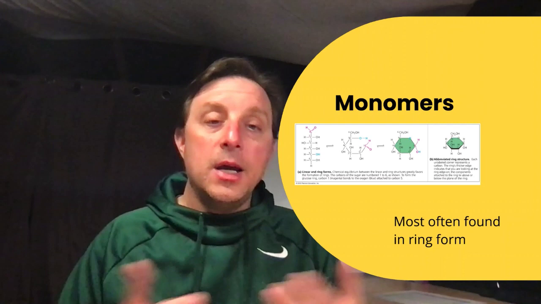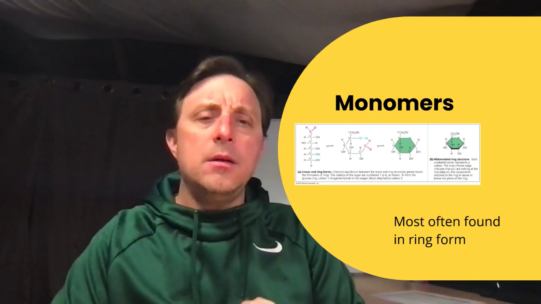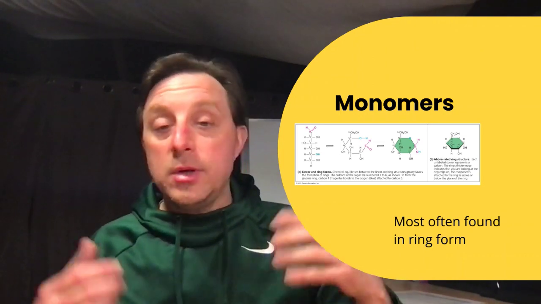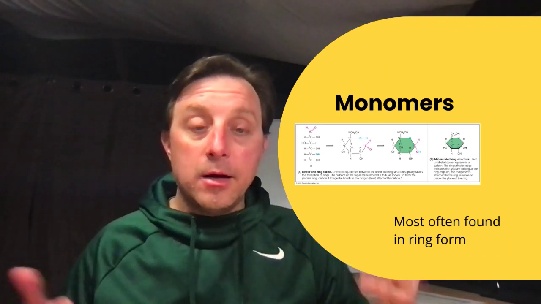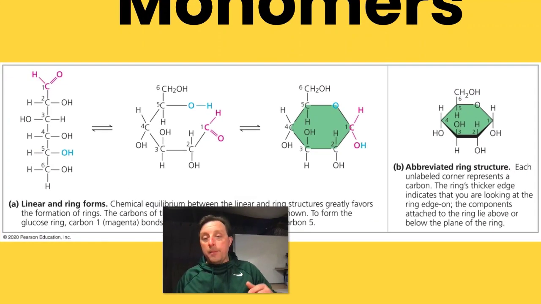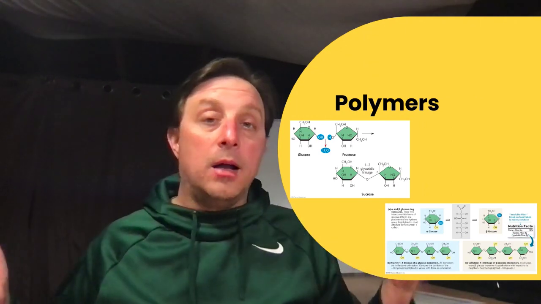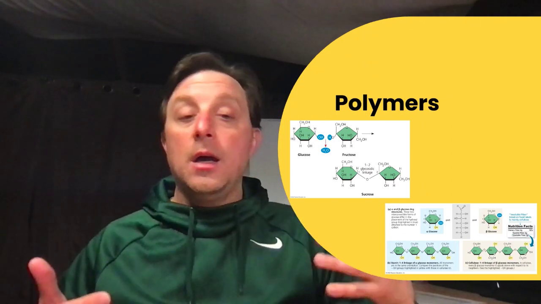Monomer structures are most often found in cells in the ring form, as shown here in the diagram. They can exist in the linear form, but for the most part, once they're in a cell, they're going to take this ring form. The polymers are big long chains of these.